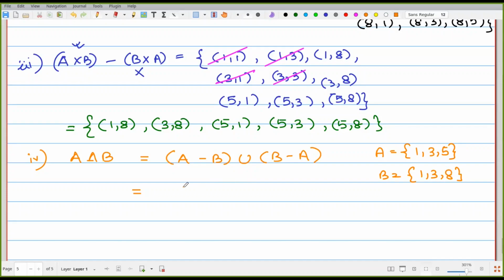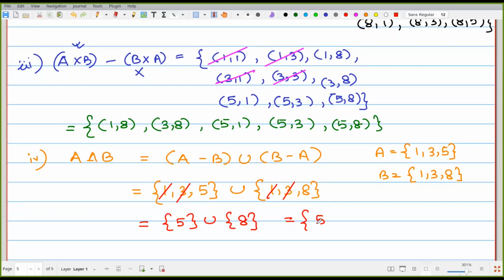So write down A at first, just remove B: {5}, union B minus A, write down B at first: {8}. Between those, the common elements are 1 and 3, so remove 1 and 3 from both. That becomes 5 union 8. So the result is {5, 8}. That is the symmetric difference.